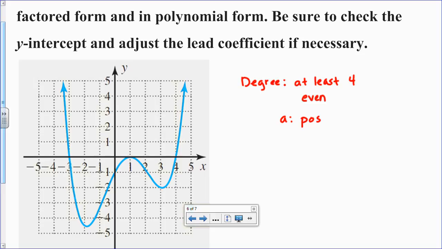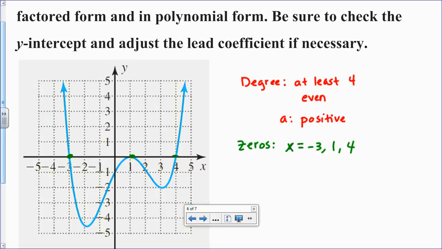Okay. So then, now let's do our zeros. So I have how many zeros? 3 different ones. So -3, 1, and 4.